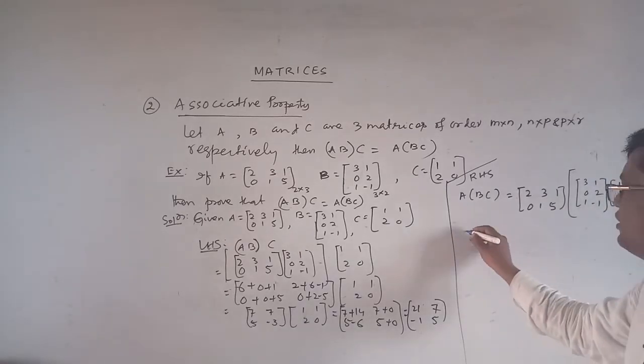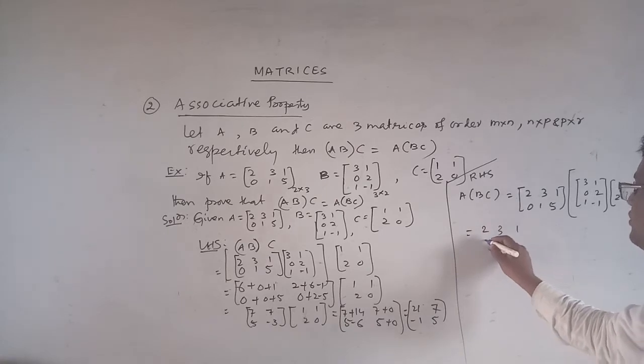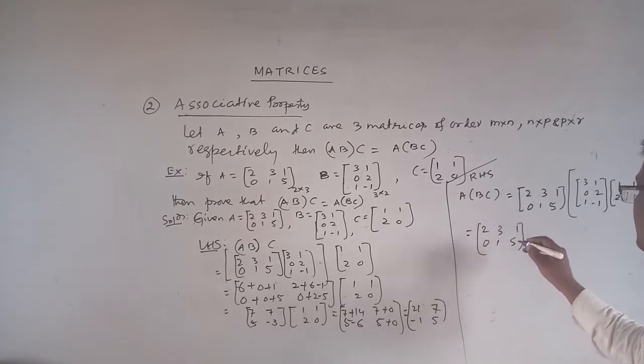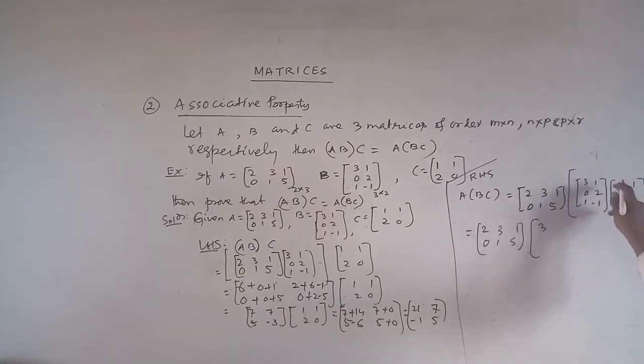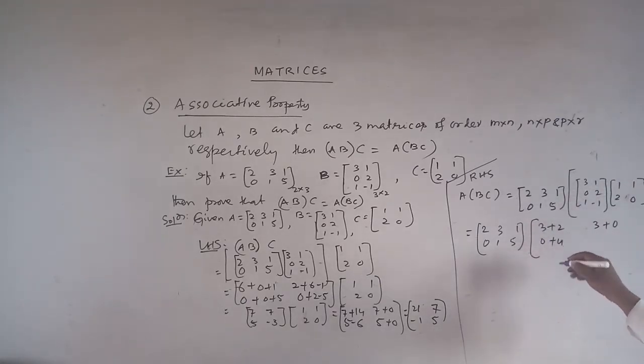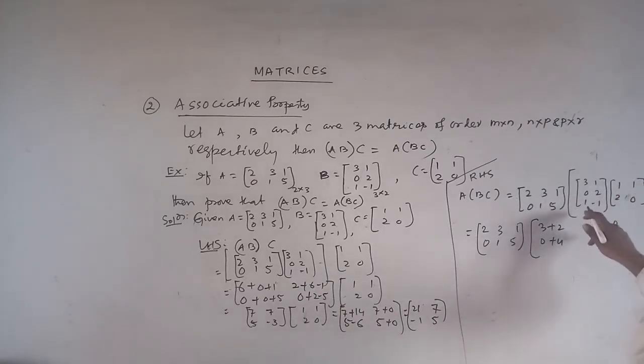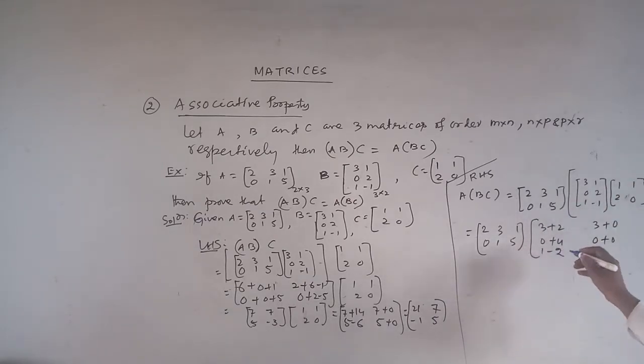Now this is equal to 2 3 1 0 1 5 into, multiply this, 3 into 1, 3, 1 into 2, 2 plus 2, then 3 into 1, 3 plus 0, 0 into 1, 0 plus 4, 0 into 1, 0 plus 0, then 1 into 1, 1 minus 2, then 1 into 1, 1 minus 1 into 0, 0.